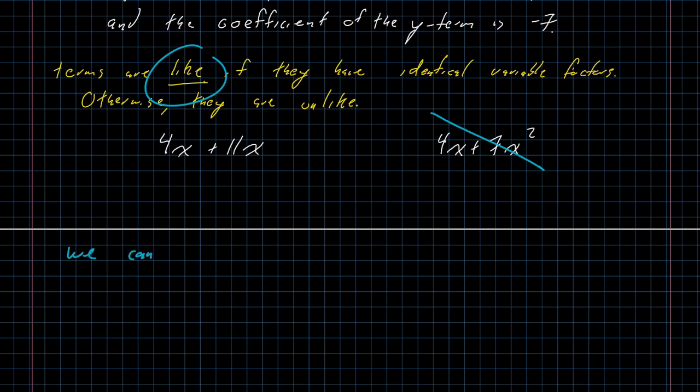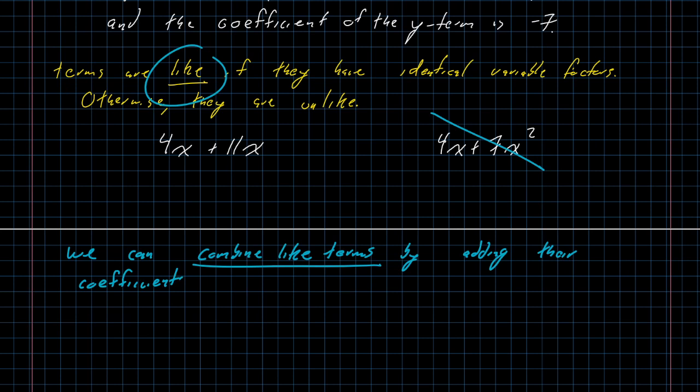We can combine like terms by adding their coefficients. That is one of the two big ideas in this lesson.